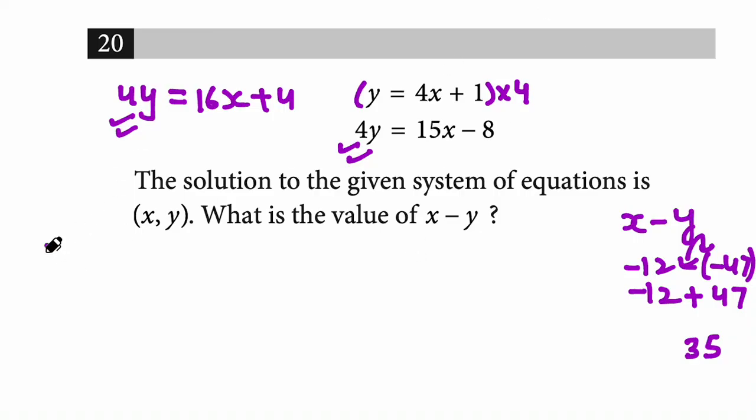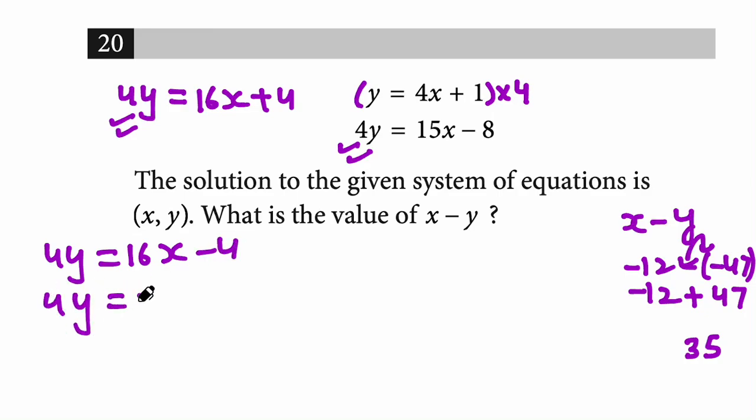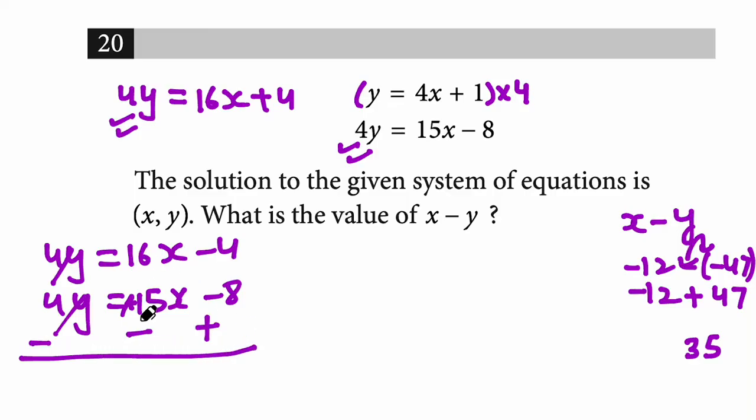Now 4y is equal to 16x plus 4, and also 4y is equal to 15 times x minus 8. Now I'll subtract both the equations. So when we subtract, the sign is reversed. 4y and 4y cancelled, and 16x minus 15x is x, plus 12 is equal to 0.